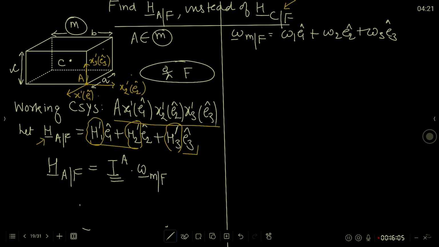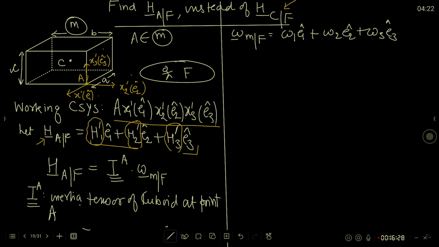If I have to describe this symbol using an English sentence, it will be the inertia tensor of the cuboid at point A, and this is of course the angular velocity of the body with respect to F.